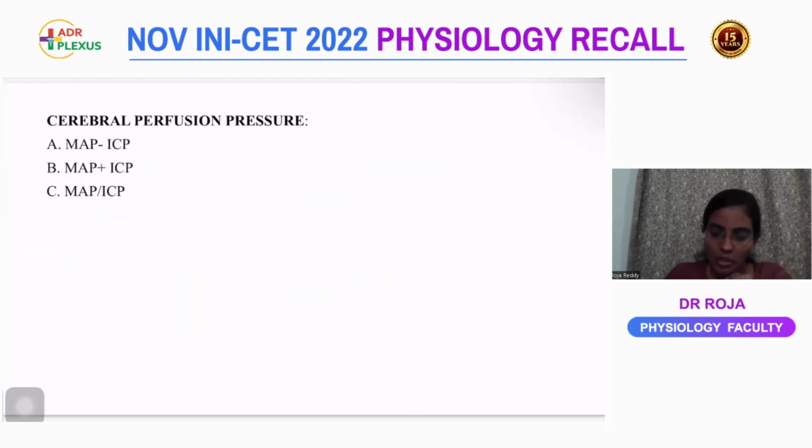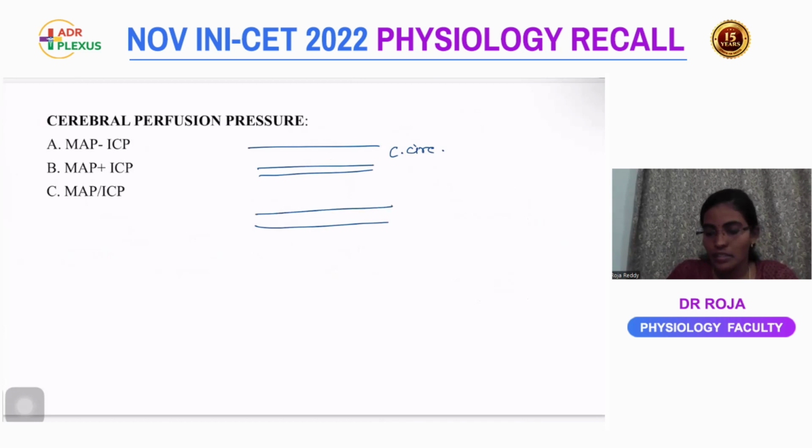Cerebral perfusion pressure. The formula for cerebral perfusion pressure is asked. So what is the cerebral perfusion pressure basically? If this is the cerebral circulation or the cerebral blood vessels, and then there is the CSF, and then comes the brain tissue.